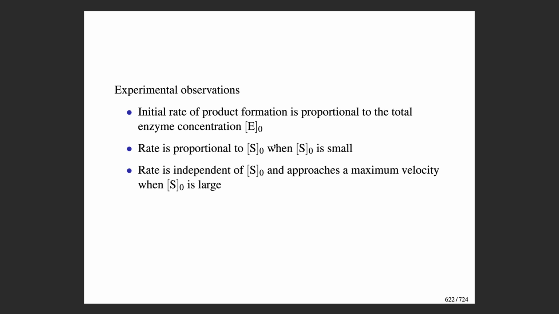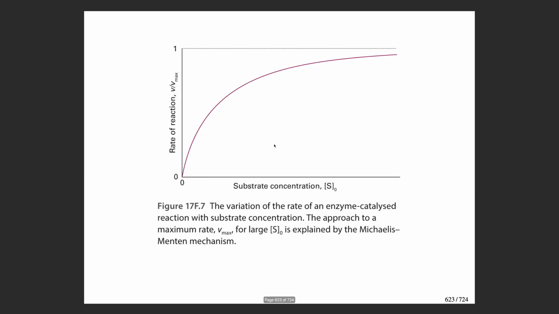However, when the substrate concentration is very large, the rate of the reaction is independent of the substrate concentration and appears to have a maximum rate, regardless of what the substrate concentration is, as long as it's large. And so these are the observations that need to be explained. And here is just a picture of what we mean, that when the substrate concentration is small, the rate of the reaction depends upon the substrate concentration.